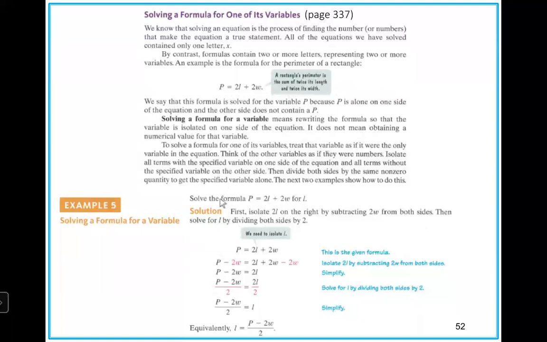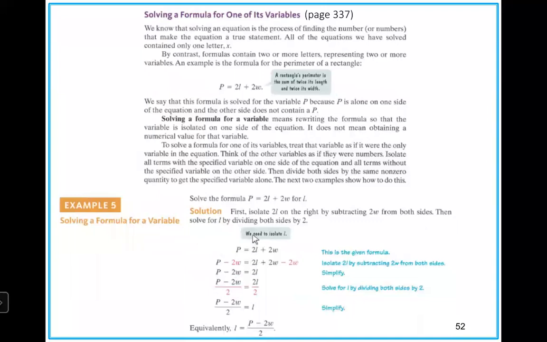So here they ask you to solve for L. They're not asking you to work out the actual number value for L here. They just want you to write this formula over so that L is what we often call the subject of the formula. Or in this case, you are solving for L, solving a formula for a variable.